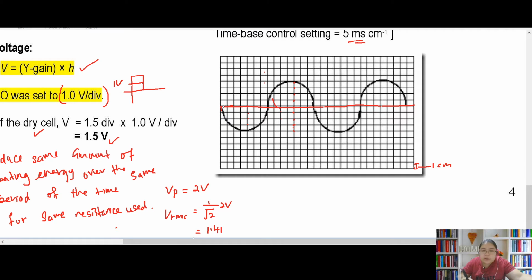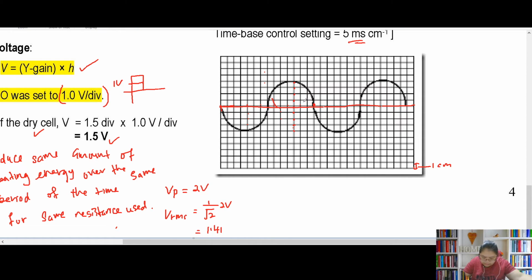They want to find the period, so we need to count from the left. This is the starting point and this is the ending point. For one complete oscillation, you need to count how many boxes are inside. I count 2, 4, 6, 8, 10, 12, 14.